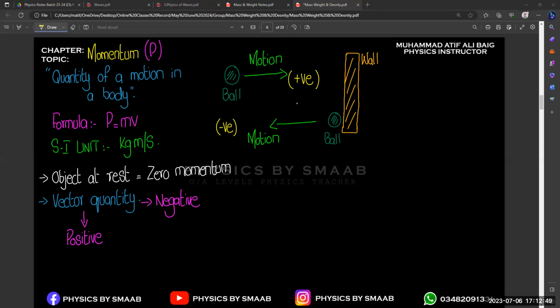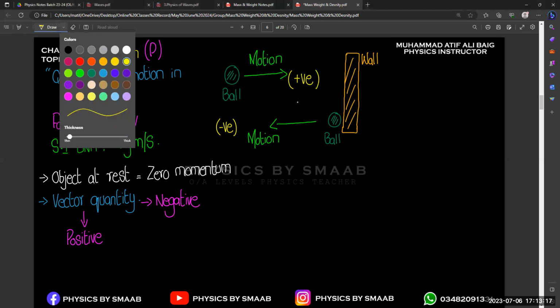But there is no such rule that you always need to consider the right-hand side as positive. There is only the concept of change in direction, right? So it depends upon the quantity and also on the direction.